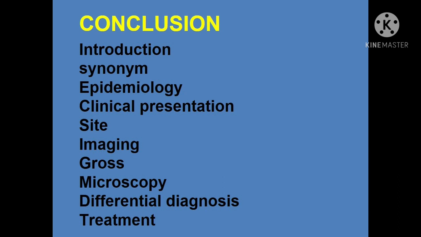Next, coming to gross, I have shown you many pictures. I think you can recollect now. Red to brown color, soft in consistency, fragile in nature. Again you can mention that it is expansile, eccentric. On microscopy, I think you are very clear about microscopy. There will be two components, non-neoplastic mononuclear cells and neoplastic mononuclear cells, and non-neoplastic giant cells.